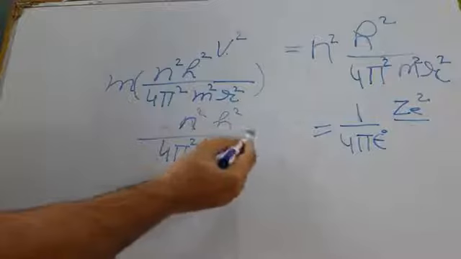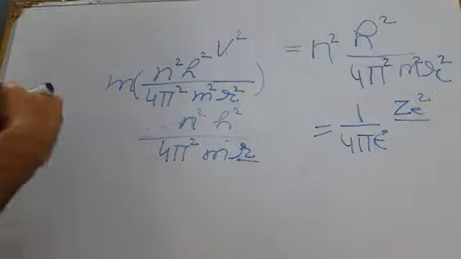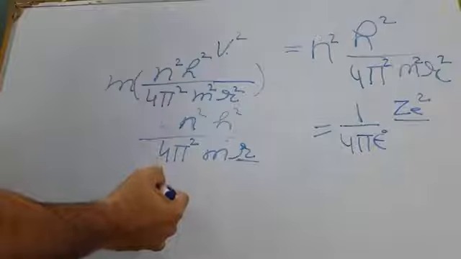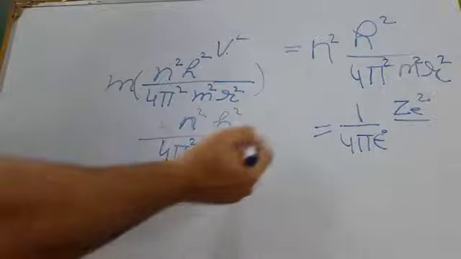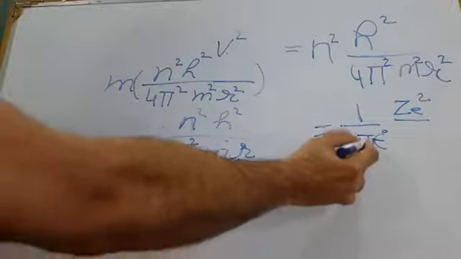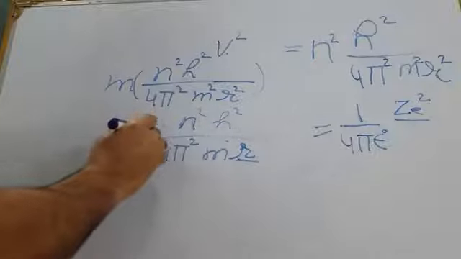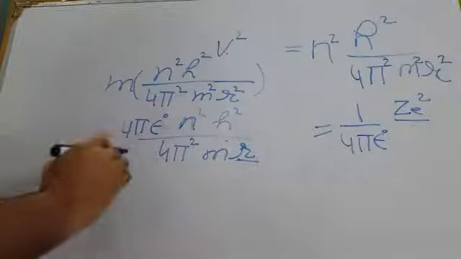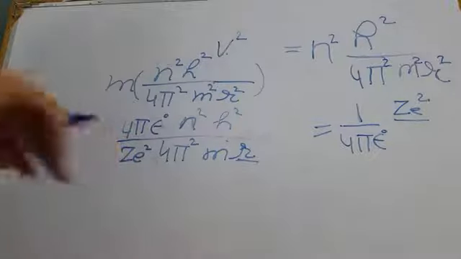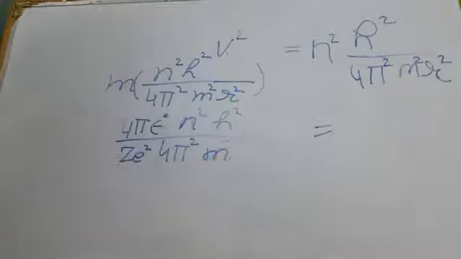Let us now find r from this equation. What would happen? This side goes on this side. If that comes on this side, then what should happen? Z e square should go down and 4 pi epsilon 0 should go up. So here I am writing 4 pi epsilon 0 and down z e square, and r is going this side.